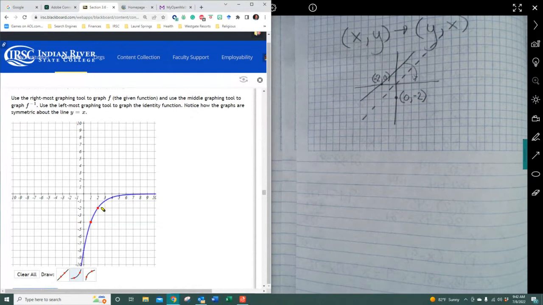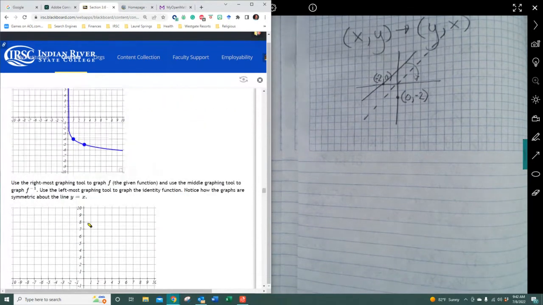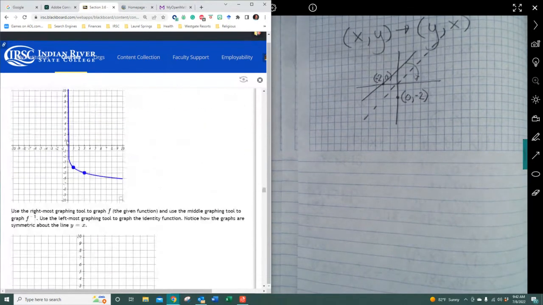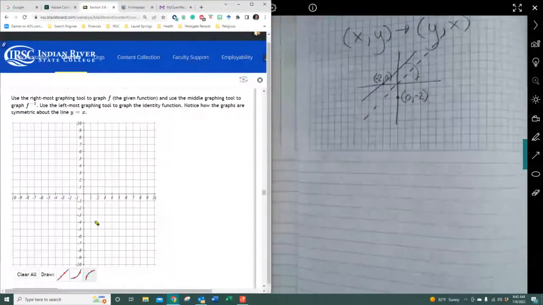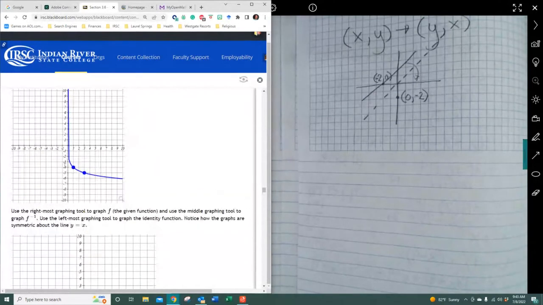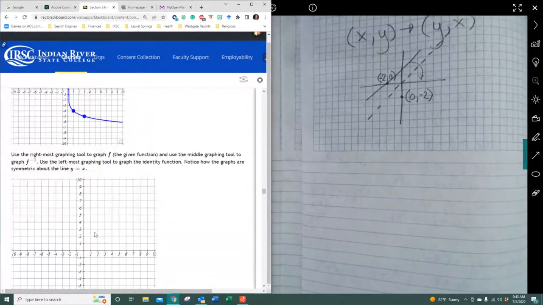Now, we have to make sure to graph this properly. Let me see, I've got to do this first. Okay, so this is a logarithmic function, so I'm going to graph that one first.